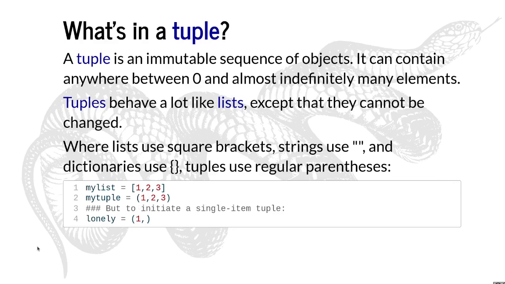The only thing to keep in mind is if you want to initiate a single item tuple, you can't just take a value and wrap parentheses around that, because there's a more basic function to that, in mathematical order of evaluation terms. So for it to be parsed as a tuple, it needs the item and then a comma and then the closing parenthesis. That's just a bit of an idiosyncrasy.